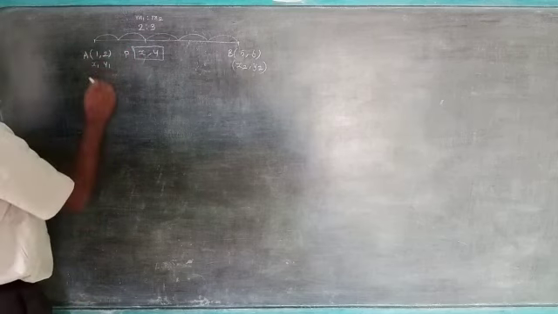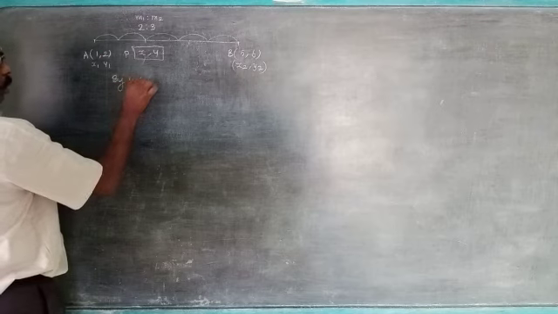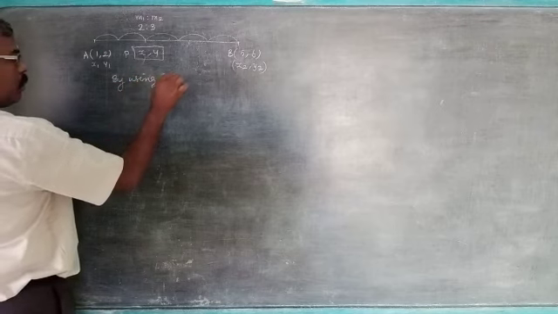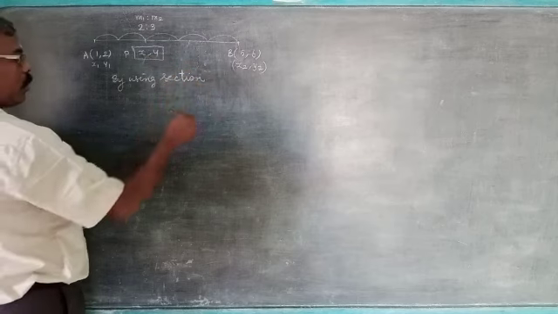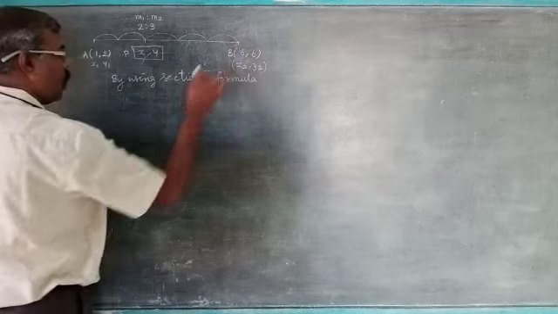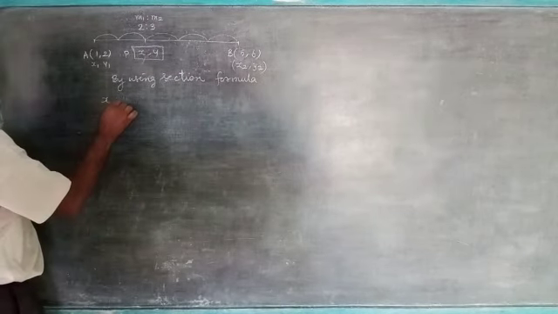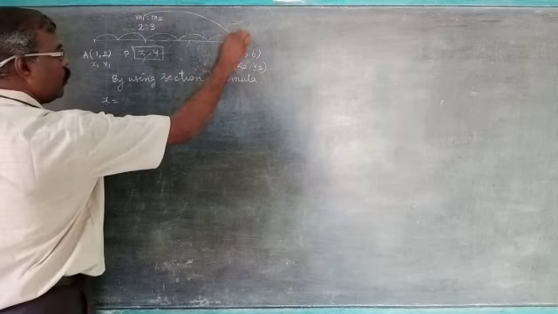What is the section formula? This is only an introduction. Then I will explain how to use the formula. The section formula: if you want to find the x value, m1 is always multiplied with x2.